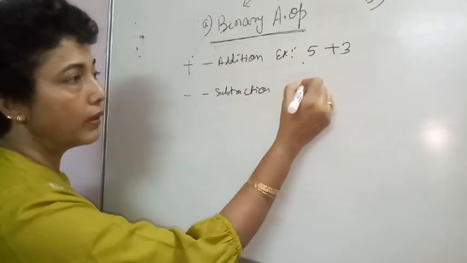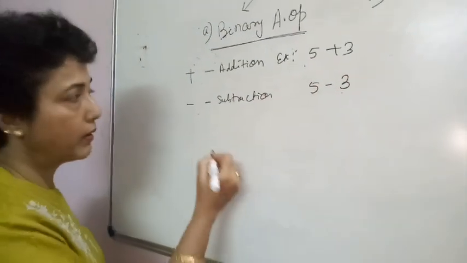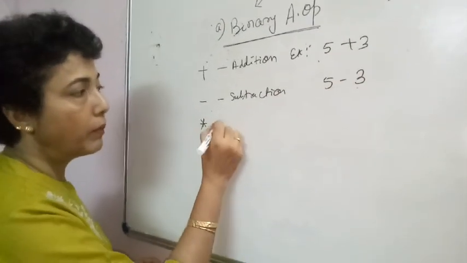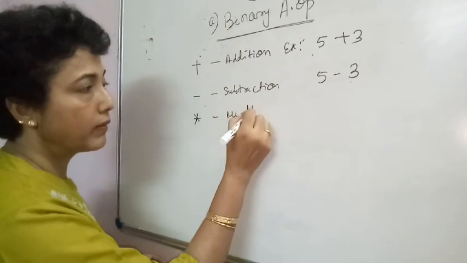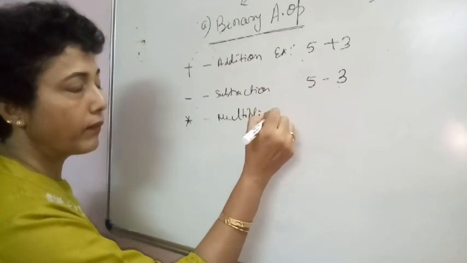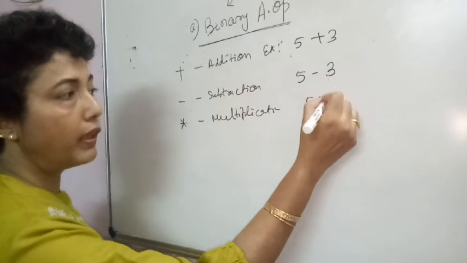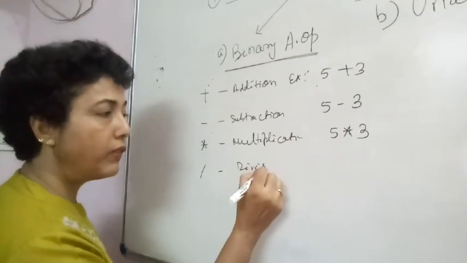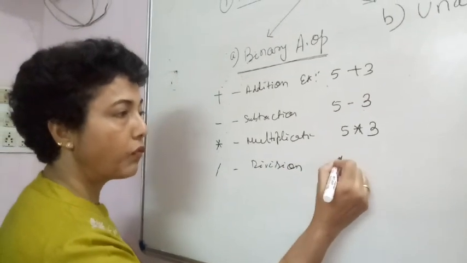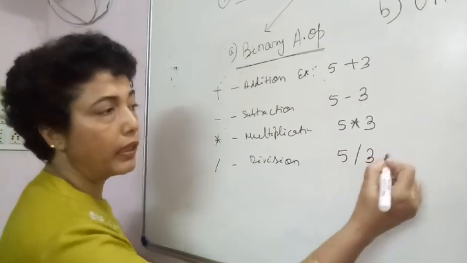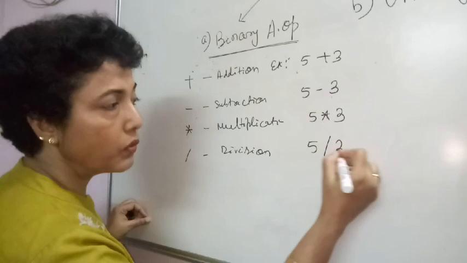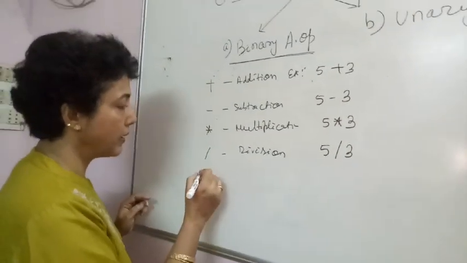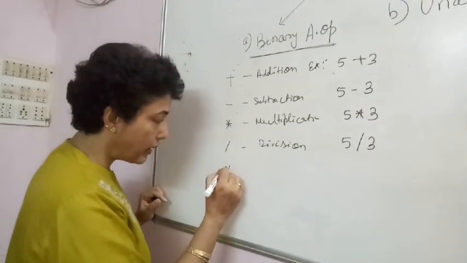This is subtraction. Let us say 5 minus 3. This is multiplication, 5 into 3. This is division, 5 divided by 3. This gives you the quotient of the division. Then one more is there.